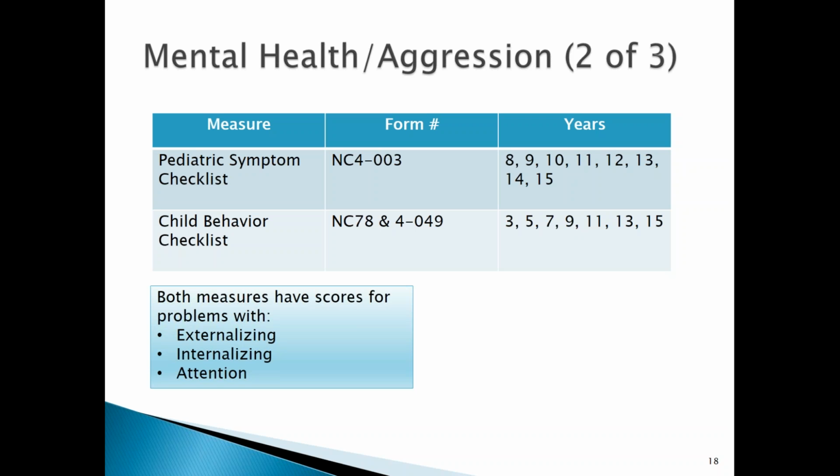Those are nice for looking at the child's trajectories over time. They're similar measures, although the CBCL is longer, but they have some common scores such as externalizing, internalizing, and attention, and then a total problem scale. If you're interested in longitudinal analyses, you may want to check those out.